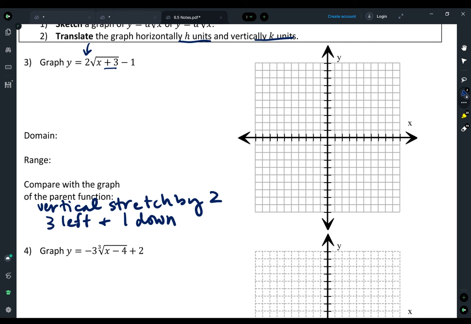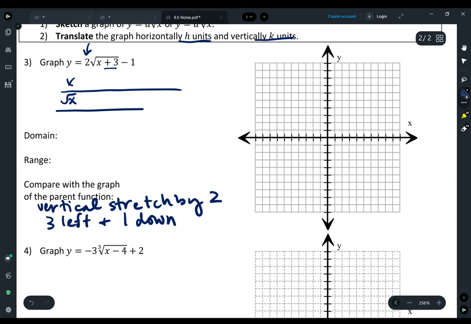So in order to graph this, first I'm just going to worry about graphing that 2 times the square root of x. So I'm going to figure out the square root of x. I'm going to figure out 2 times the square root of x. I could do this all on my graph, but this is a lot of changes, so I think this is going to be easiest for me. So my x numbers that I want to square root are 0, 1, 4, 9. So first I'm going to take my square roots, and then I'm going to multiply all of those by 2.